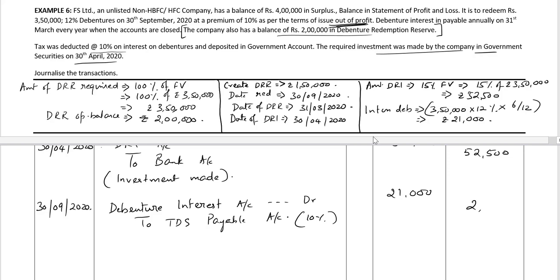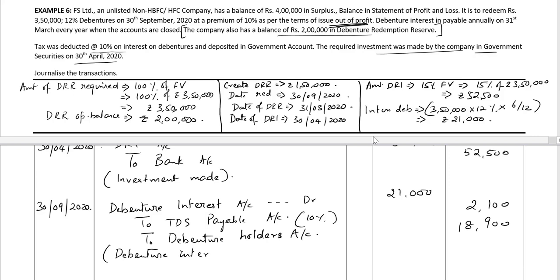So the amount is 2,100 rupees, to debenture holders account 18,900 rupees, the difference between 21,000 and 2,100, for debenture interest and TDS payable.